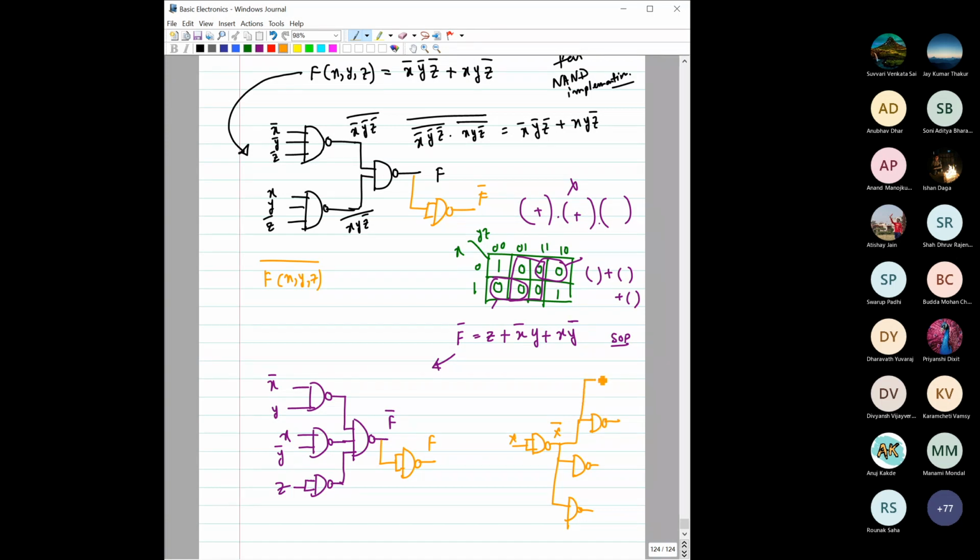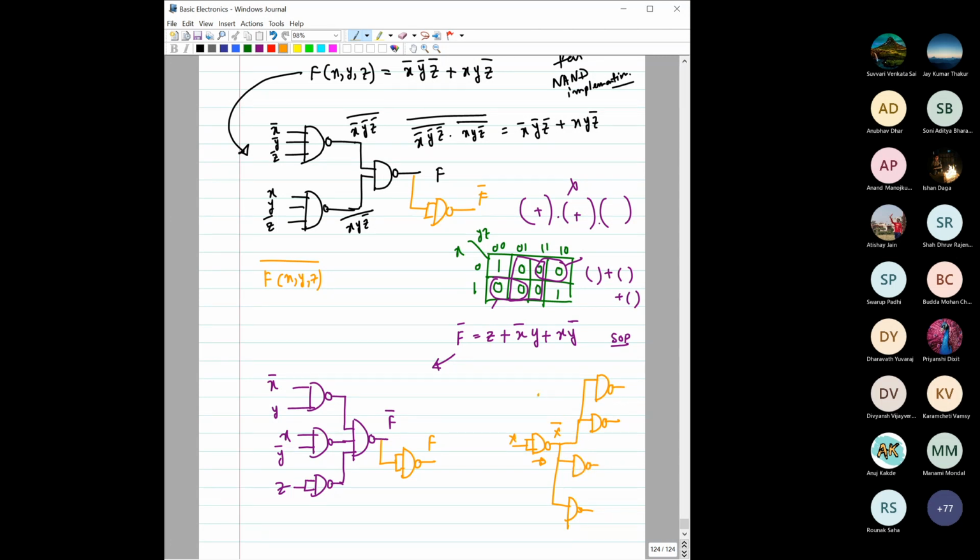Then how many similar gates you can attach to a particular output is also limited by the amount of current that this gate can supply. So this is called the fan out. What is the maximum number of gates you can attach to a particular gate for reliable operation? So that is also restricted.